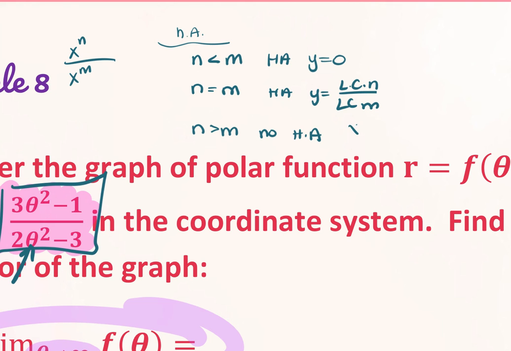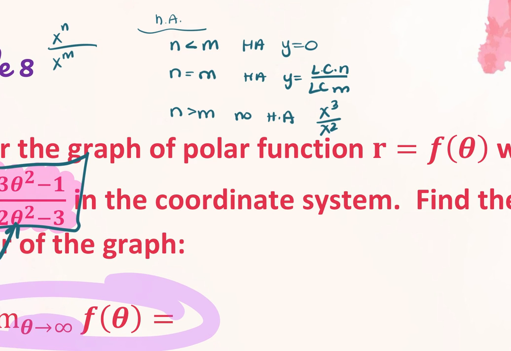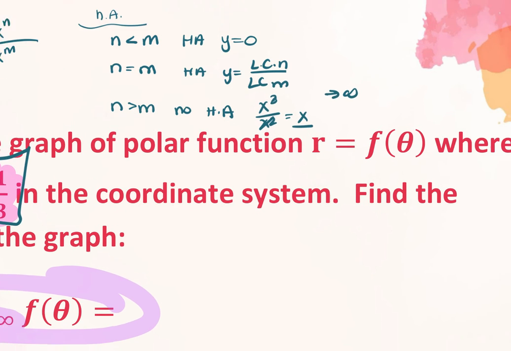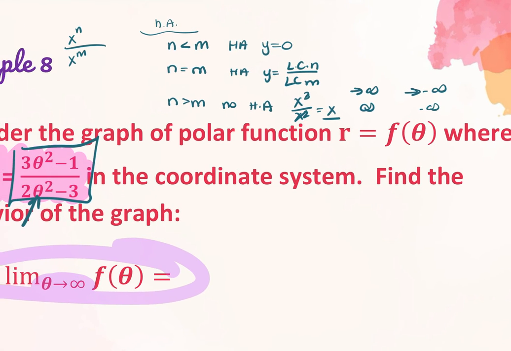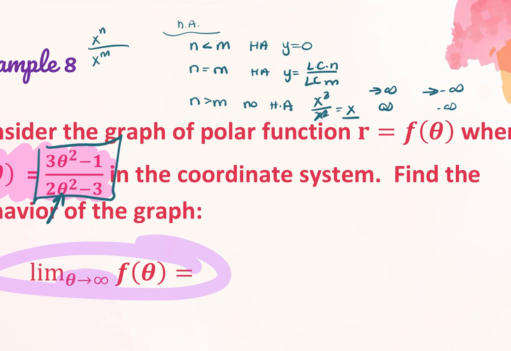Let's say it was x to the third over x to the second, we would cancel through and keep it as x. If we want to know as it's going to infinity, we plug in infinity. And if we want to know as it's going to negative infinity, we plug in negative infinity. Then simplify it, and that's how you can tell the end behavior on either side.